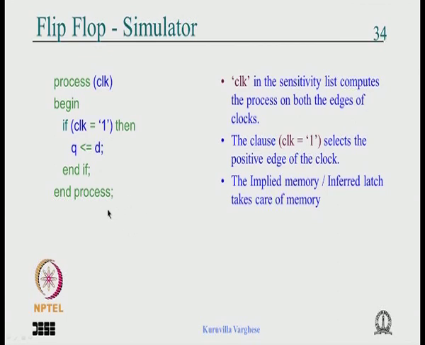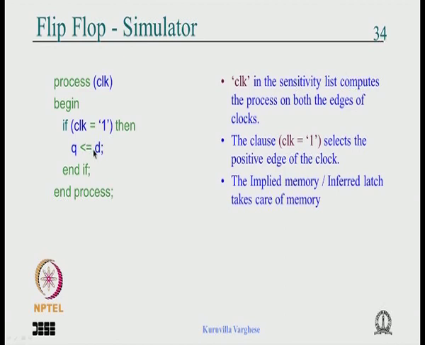But the synthesis tool looks at the code as written, and it says that if clock is equal to 1, Q gets D. That means as long as clock is remaining high, Q will reflect the changes in D, and when the clock goes low, because of this end if, it will remember.